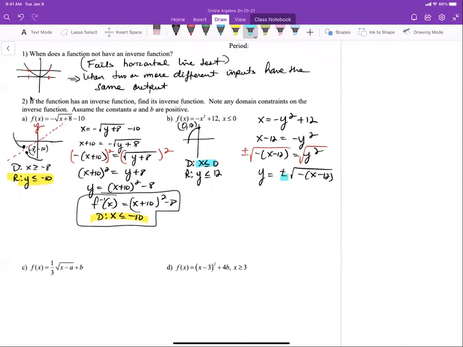So I need the negative branch of that. And so I find the inverse function to equal the negative of the square root of negative x minus 12. The domain will be what was the range, and that will be x is less than or equal to 12.